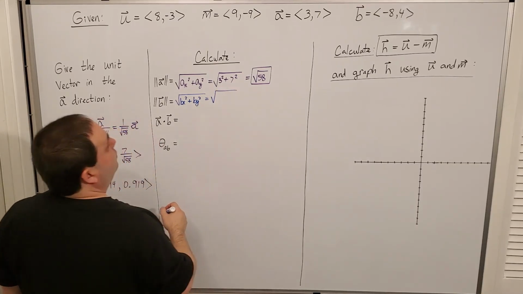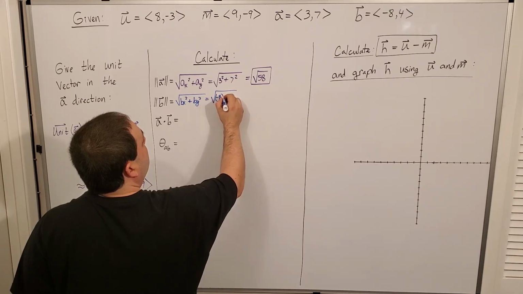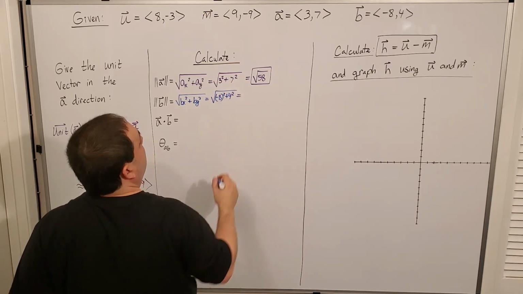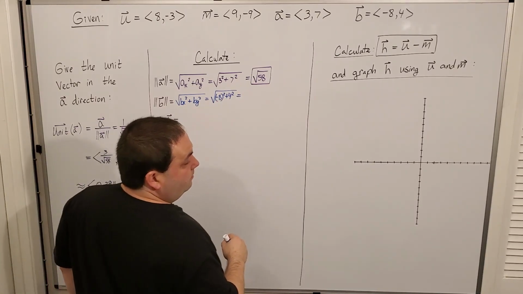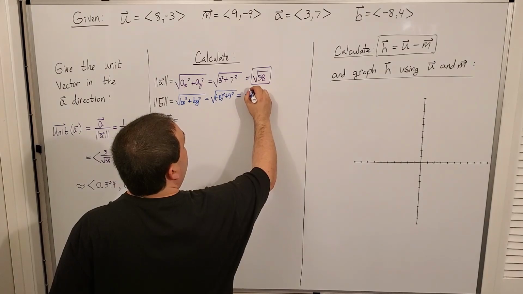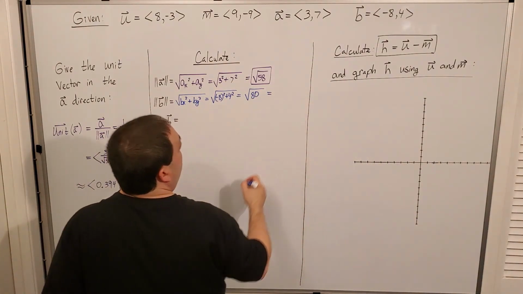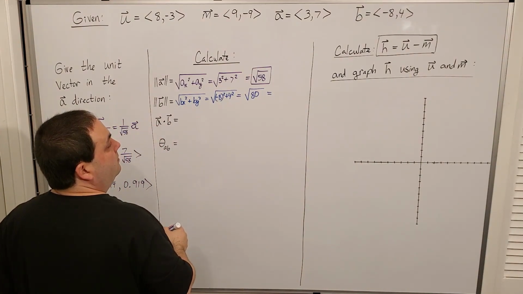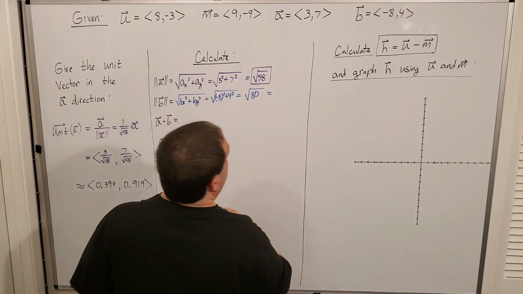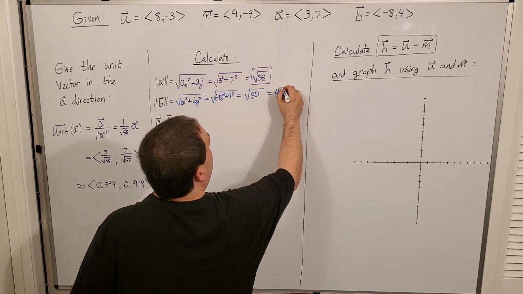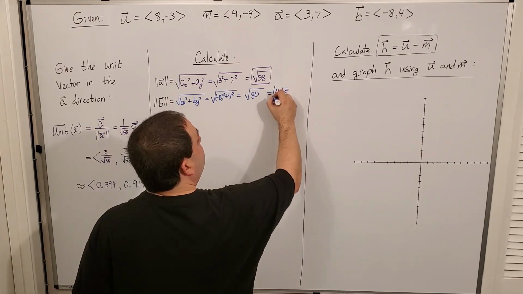So I've got the square root of -8 squared plus 4 squared, which is 64 plus 16, right? So I have the square root of 80, which we can simplify. In fact, it has a 16 in it: 16 times 5. So 4 square root of 5, and we can leave it there.